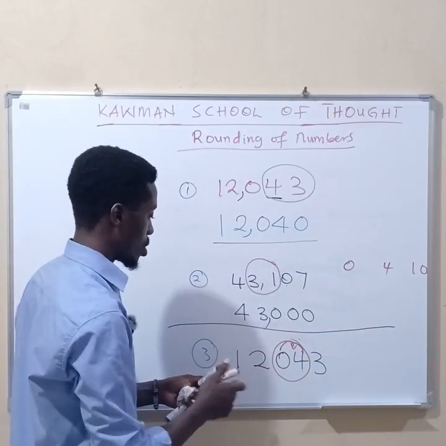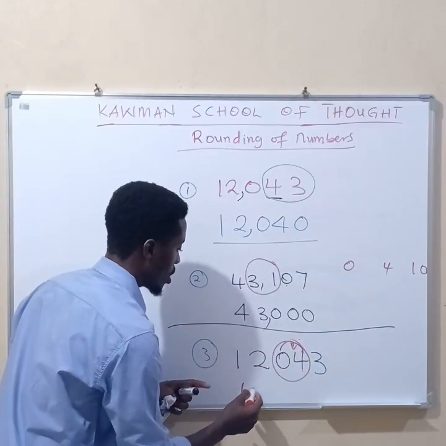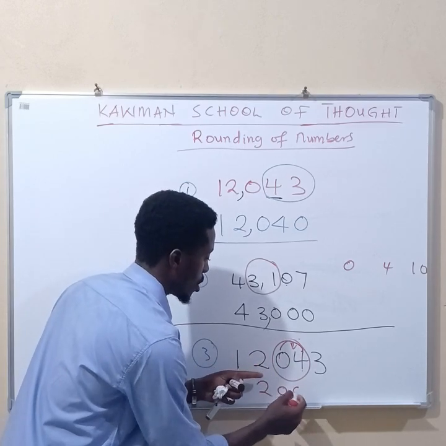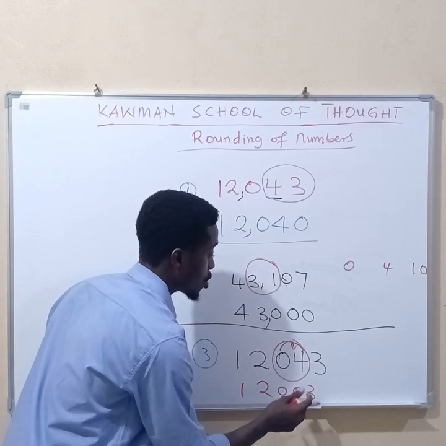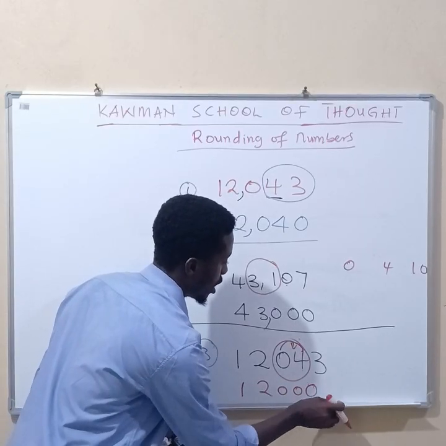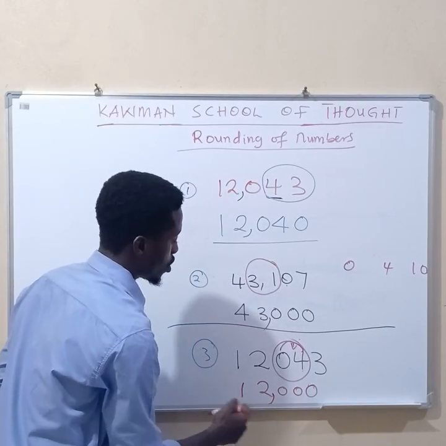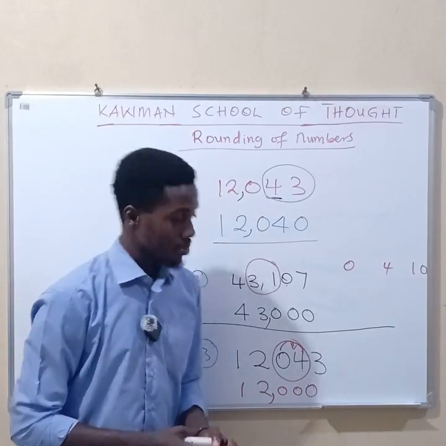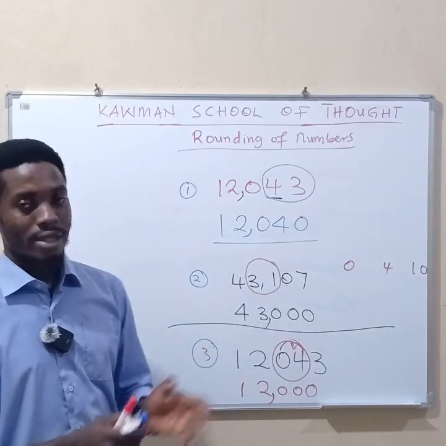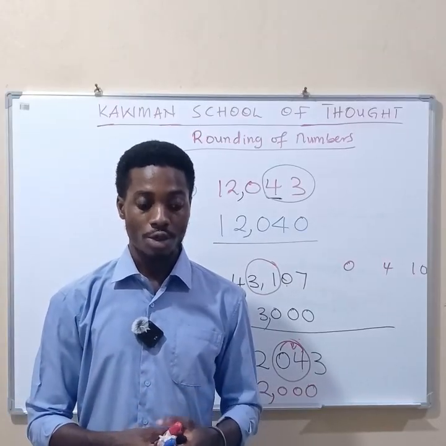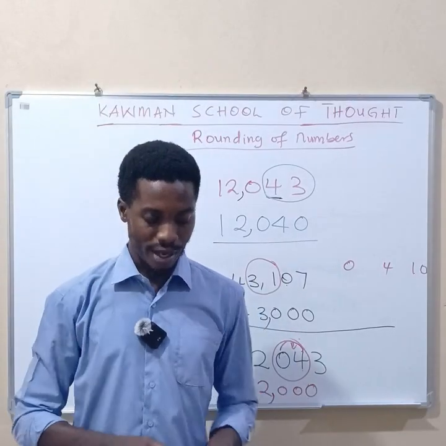So this becomes 1, 2, 0, 0, 0. So at the end of the day, we're going to have 12,000 as our answer.